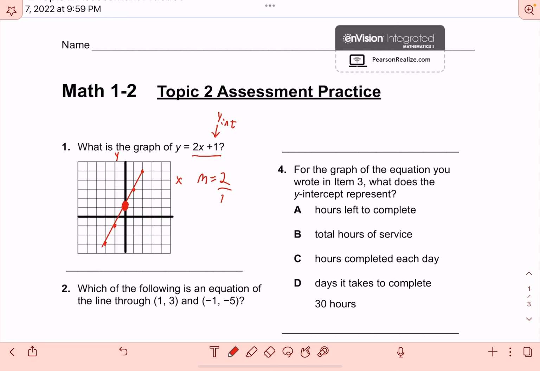I'm not using the ruler. I should have used the ruler, but I use the fact that my iPad snaps the line straight. Notice I went through the points. I didn't stop. Okay, and there you go.